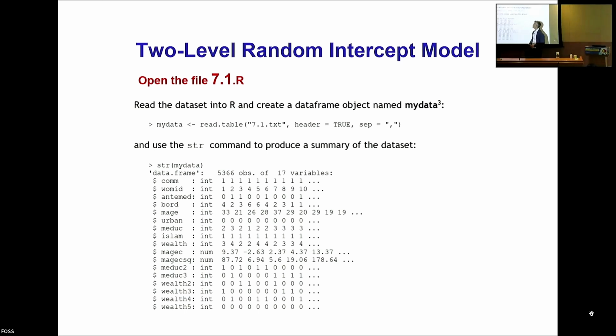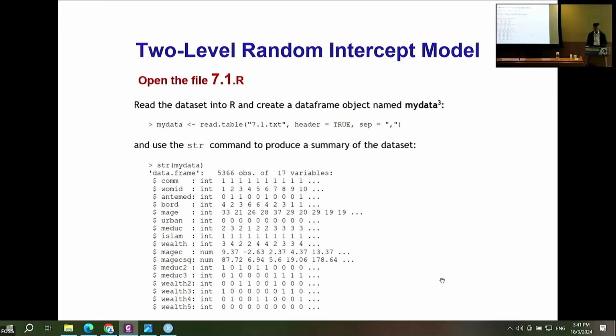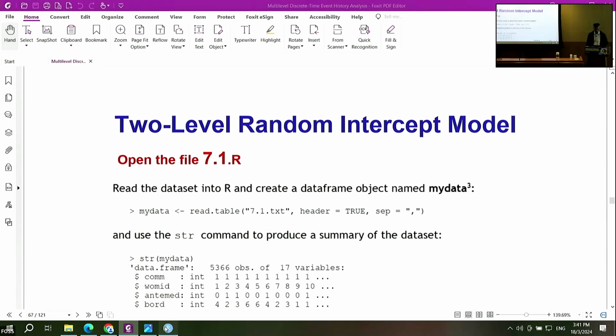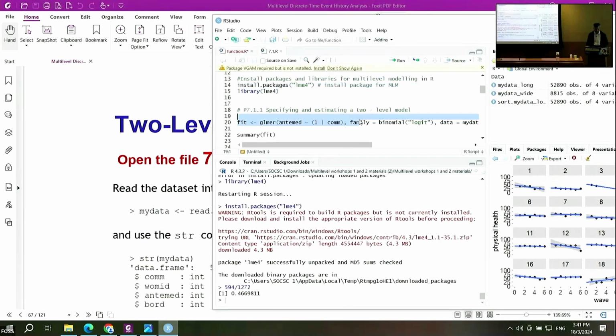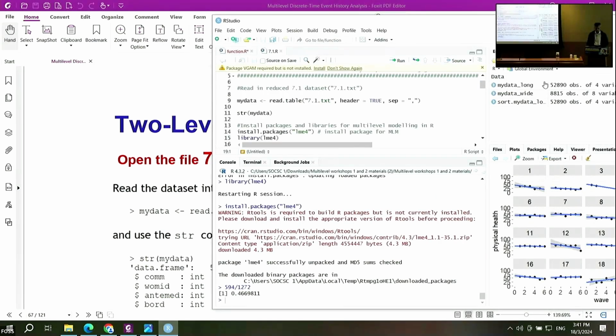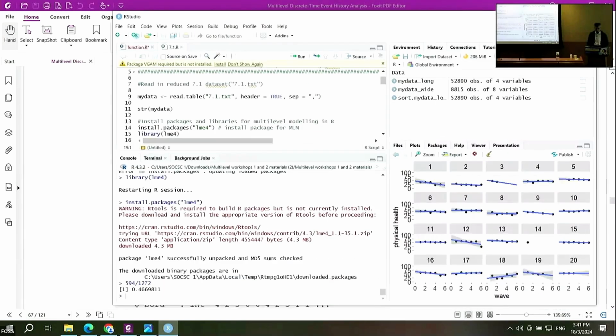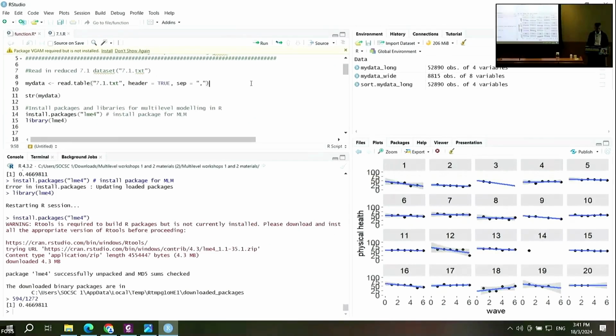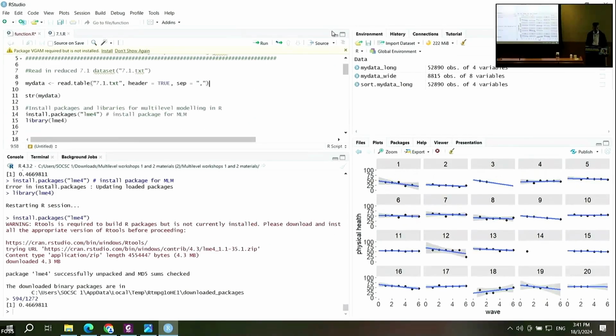So we'll start with the R script file 7.1.R. Let me just load that up. If you want to follow along as I'm going, in 7.1.R, we can read in the data file, call it my data.